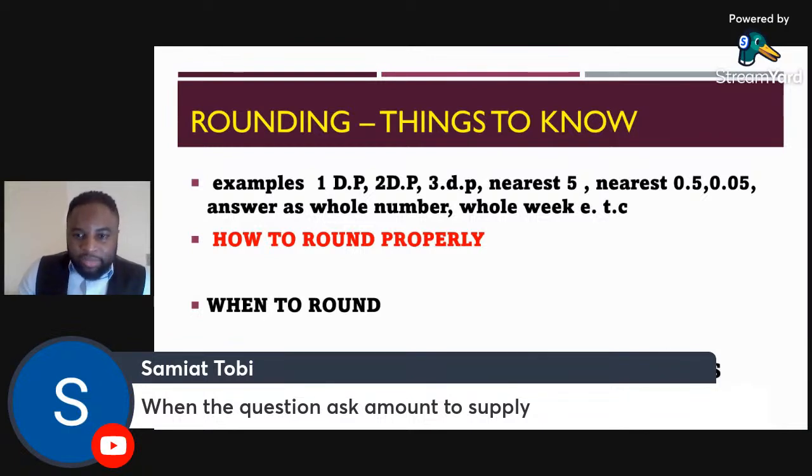Good. So I think what Samiat is trying to say is when we have dose and dosage regimen questions, we'll see one later today. But I'll briefly explain what this is.